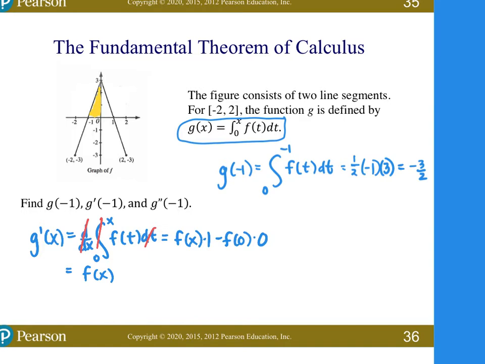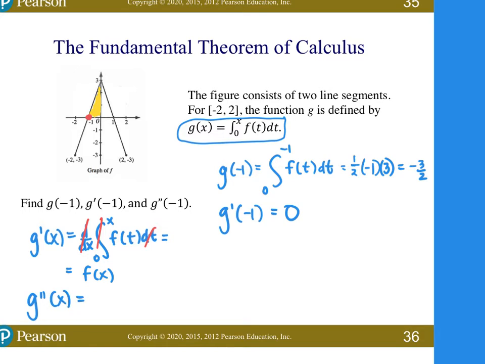So if we want to know, I'm going to erase just to give myself some space here. So then g prime at negative 1 would be the y value at negative 1 on this graph, and the y value happens to be 0. And then what's g double prime?